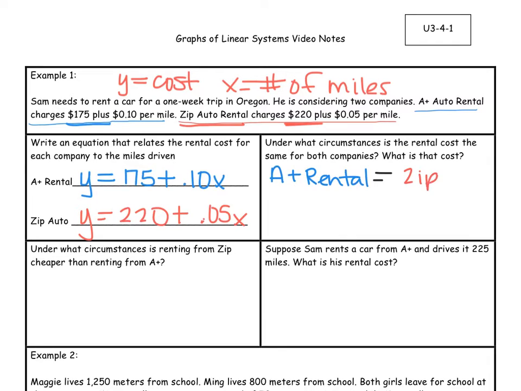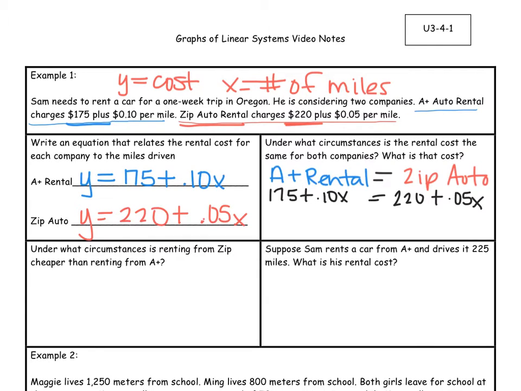So when are these two equations for A Plus Auto Rental and Zip Auto going to be the same? Well, we know that the equation for A Plus Auto Rental is 175 plus 0.10x, and we know that the equation for Zip Auto is 220 plus 0.5x. And then we need to go ahead and solve for x.